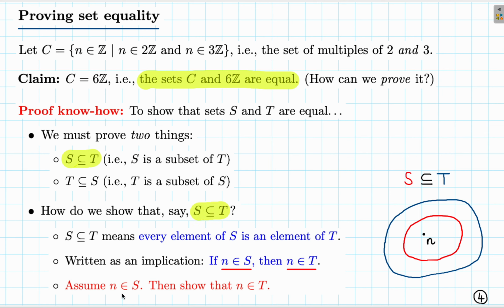Well, we assume n is an element of S, and then we show that n is an element of T. That's how we typically show that S is a subset of T. Now, if we want to show that S and T are actually equal, well, we have to do both directions, namely S is a subset of T and T is a subset of S.